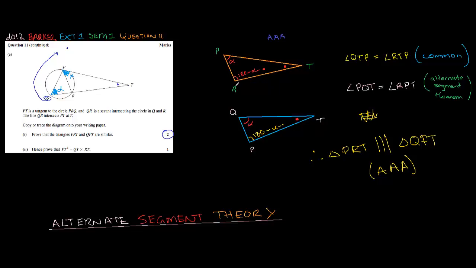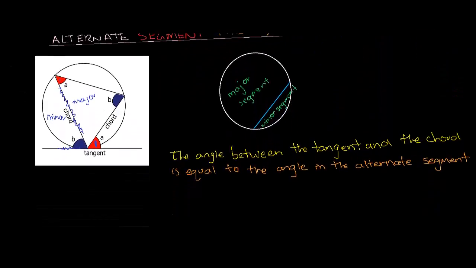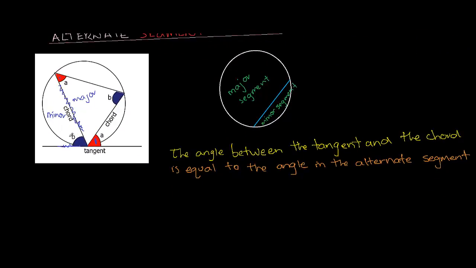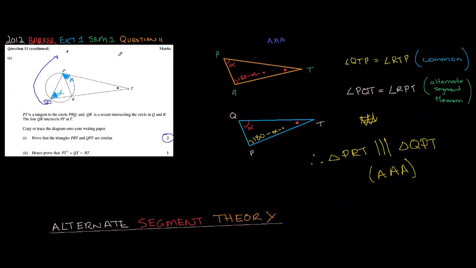So the first thing I did is I thought, oh, tangent going through a circle, it's probably going to be the alternate segment theorem, because when you've got a tangent going through a circle, it's just like alarm bells should be going, ring, ring, ring. It's probably going to be this theorem down here. So then I thought, okay, well, that means if we're using the alternate segment theorem, then this angle here is equal to that angle there.